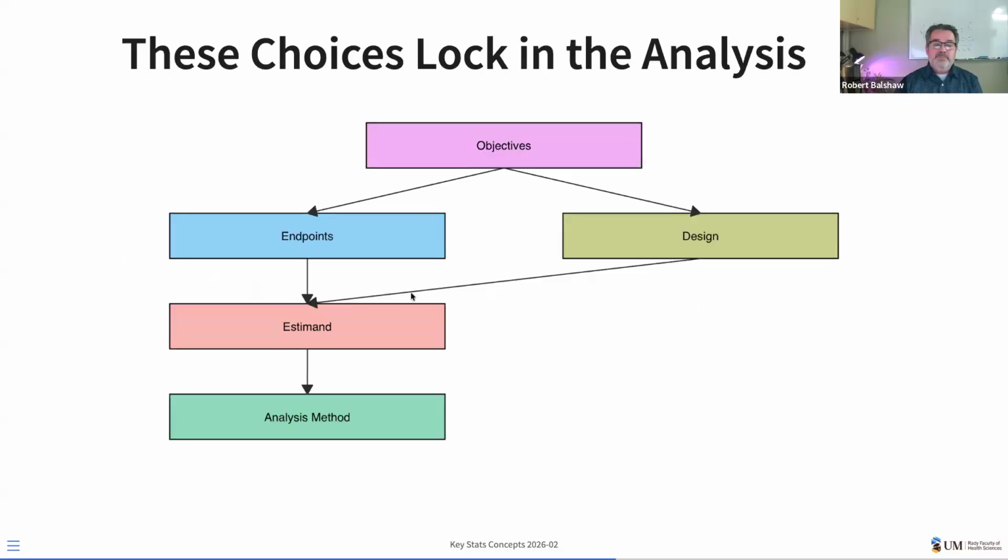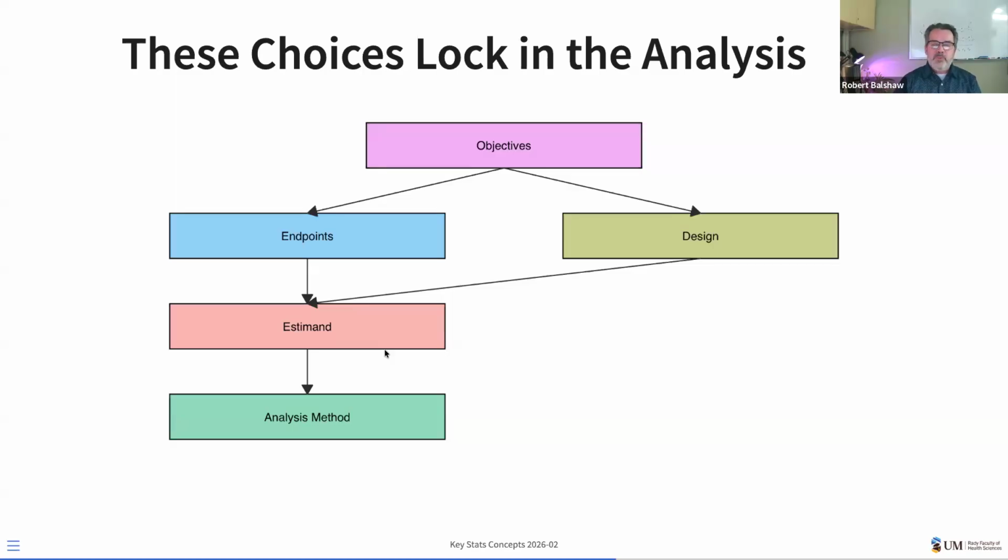And those choices really lock in the analysis. So we start with the objectives, shaping both the endpoints and the design. They come together to create the specification of the estimand, and it's almost implicit what will be the appropriate analysis method, having established all of the above.